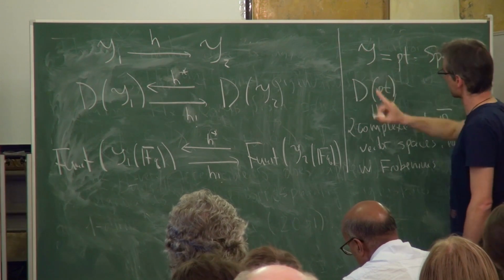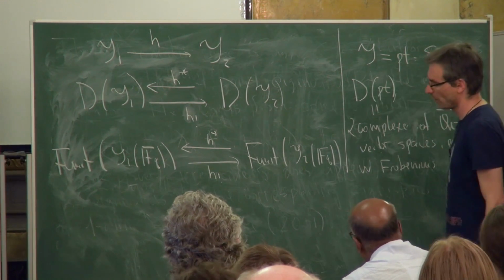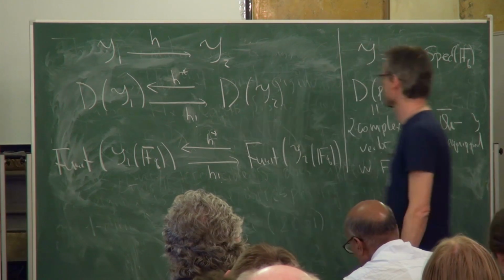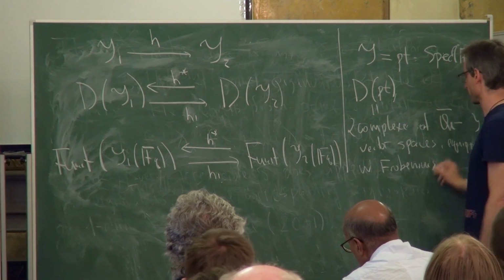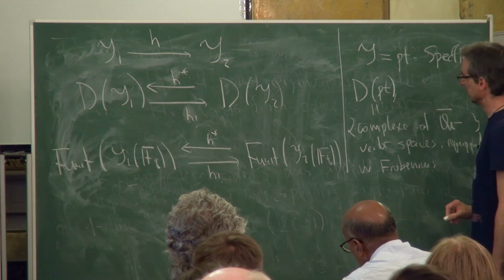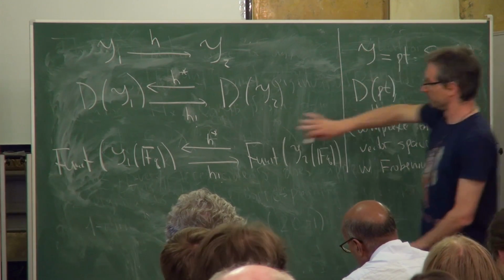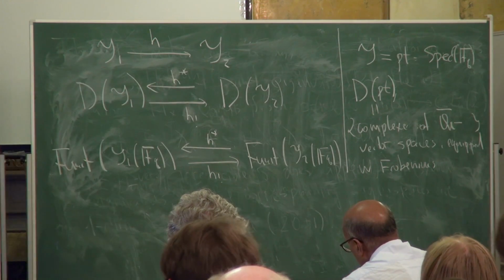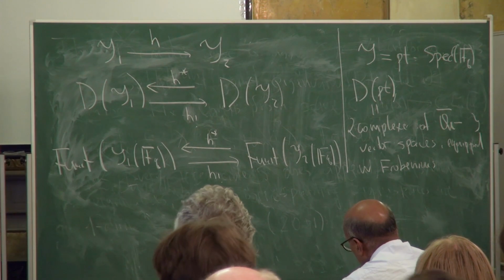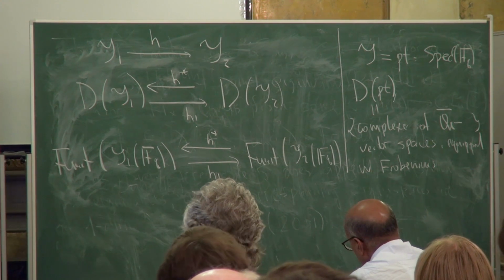And what this procedure does in this case is just you take the alternating trace of the Frobenius elements on the cohomology of this vector space. Just a side remark. All right. So with this introduction, let me tell you what Drinfeld proposed to do.